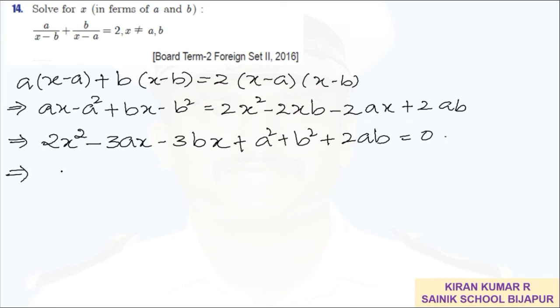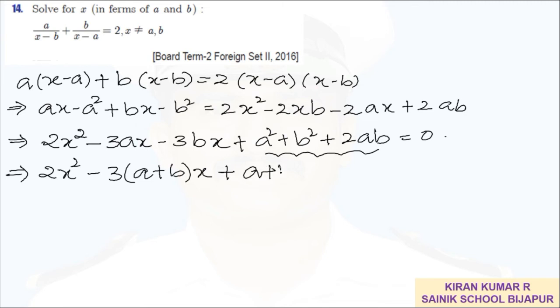So this I'll rewrite it as 2x square, negative 3 is common, a plus b multiplied x, I'll write it like that, plus this complete thing is something like a plus b whole square equal to 0. Look at this. We have to get the product as 2 times a plus b whole square and the sum as 3 times of a plus b.